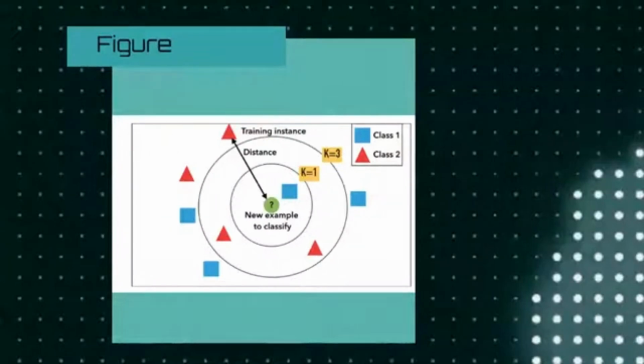If this new example is nearer to class 1, then it will be classified as a square. Now suppose I give K as 3. That means the nearest neighbors, which are the triangles, will be at the shortest distance from this newly given input, so the new input would be classified in class 2.